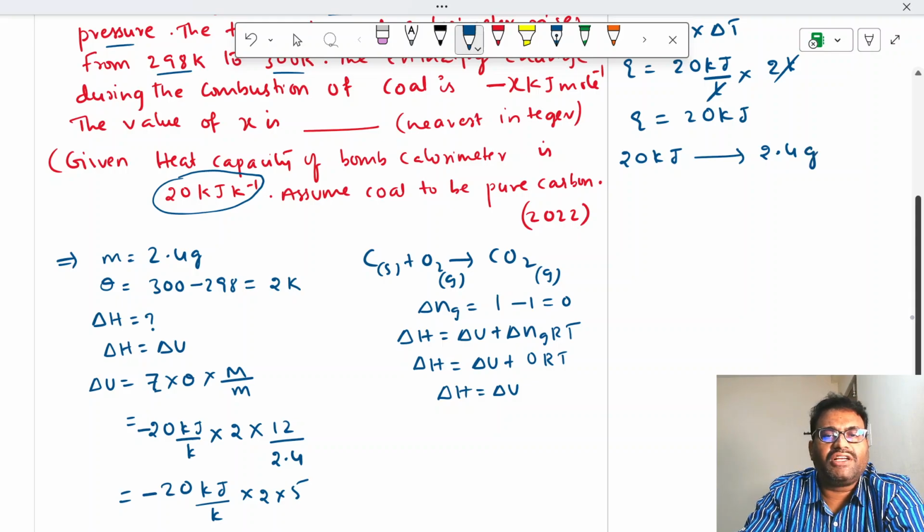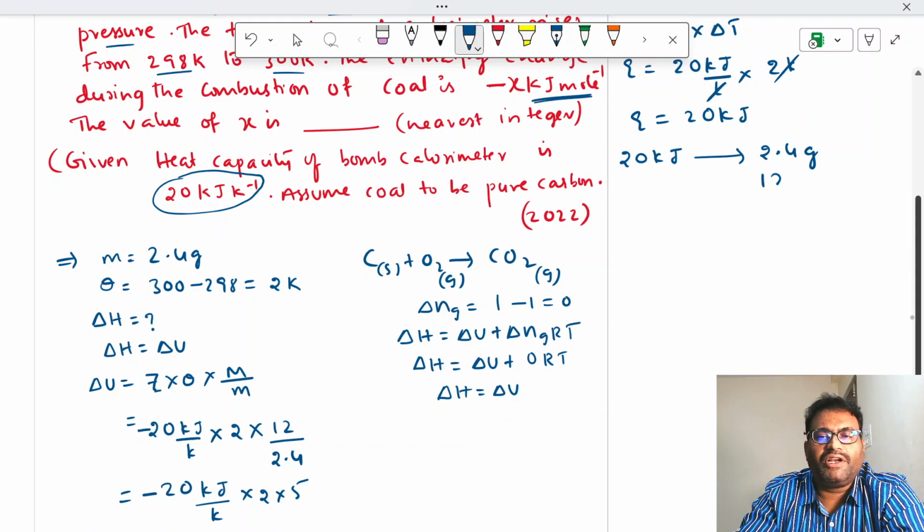But in the question it is asked in kilojoule per mole. Per mole it is asked. That means when 12 grams of carbon, molar mass of carbon is 12 grams, when 12 grams is combusted, how much amount of heat is liberated? What will be Q then? And that is called as what? Enthalpy, right?